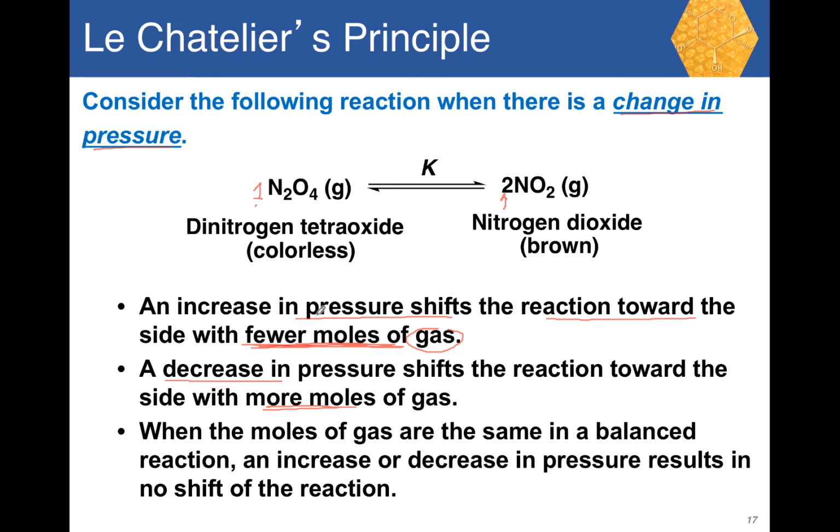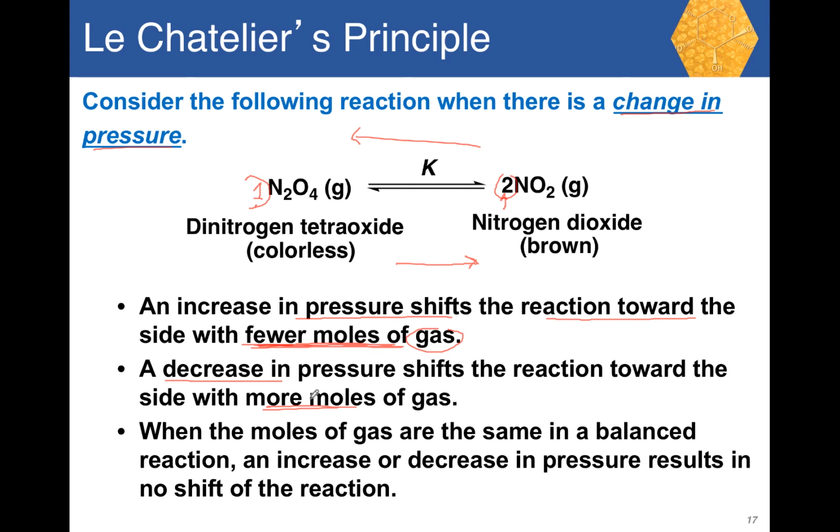So if we increase the pressure, based on what Le Chatelier observed, it will go towards fewer molecules. Here's 1 and here's 2. So if you increase the pressure, it should go over here. If you decrease the pressure, it should go in this direction. Make sure you understand that concept, because now we're going to apply it.